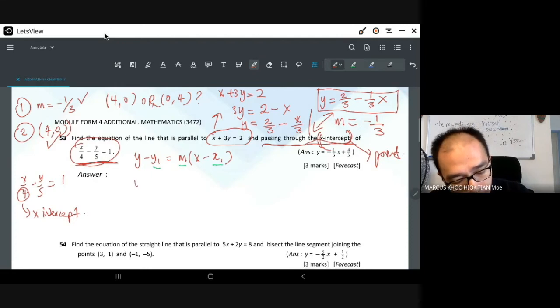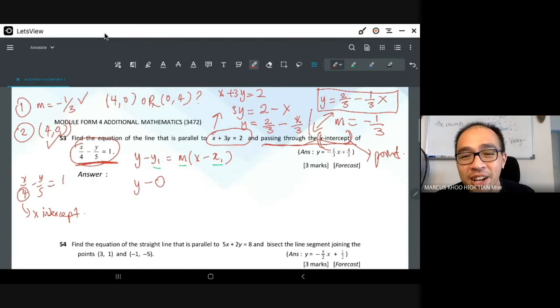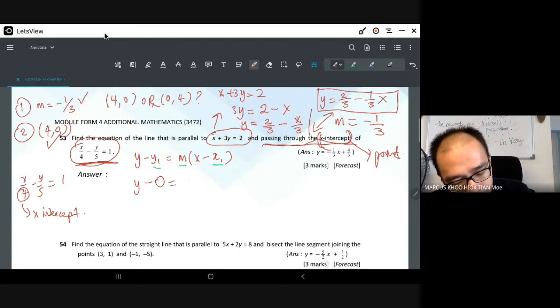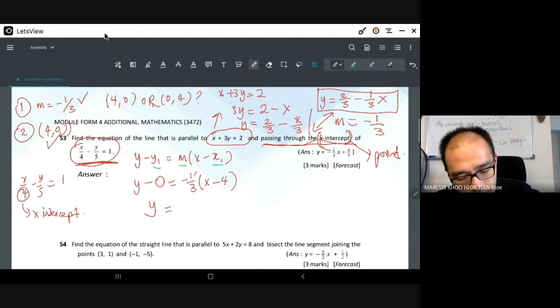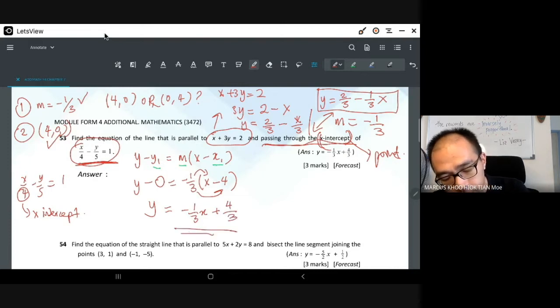So y minus 0 equals, what is my m? Negative 1 over 3 (x minus 4). And then now we simplify. y minus 0 is y, right? Don't need to think. So we multiply this in, we get y equals negative 1 over 3x plus 4 over 3. And this is our equation of the straight line.